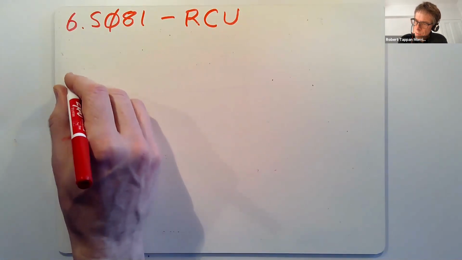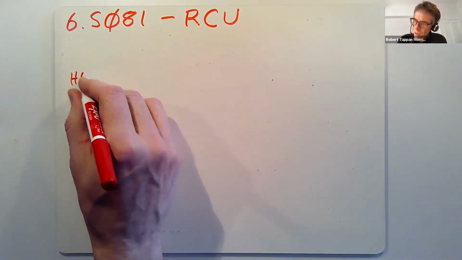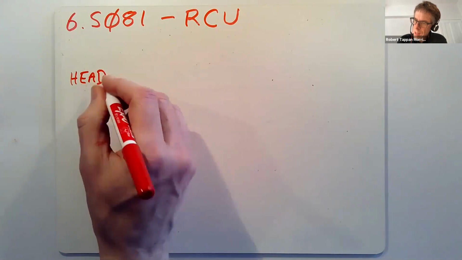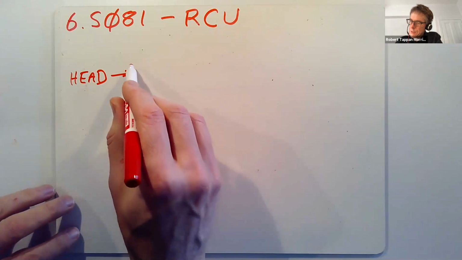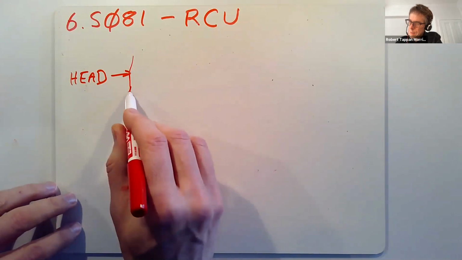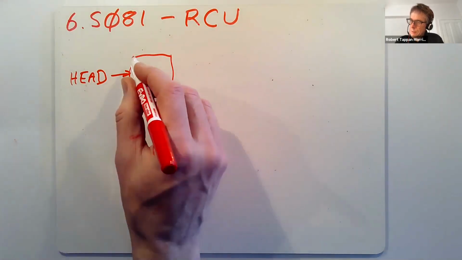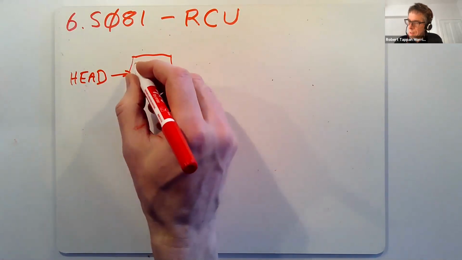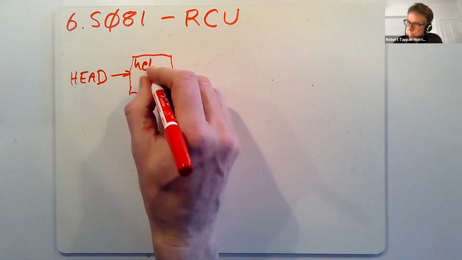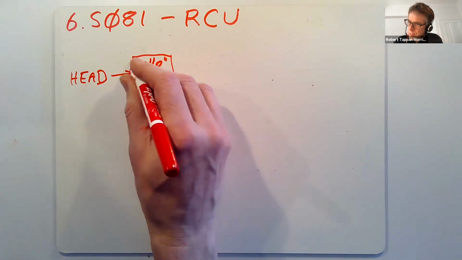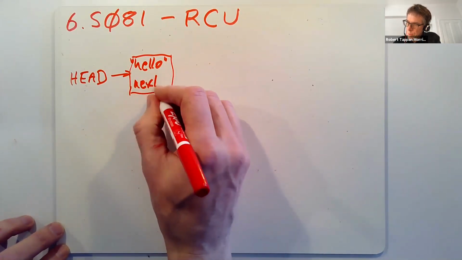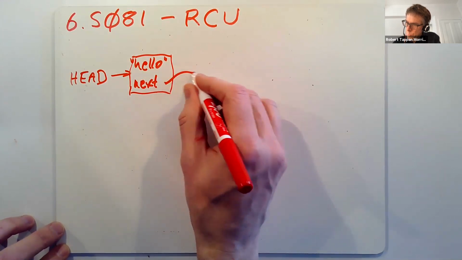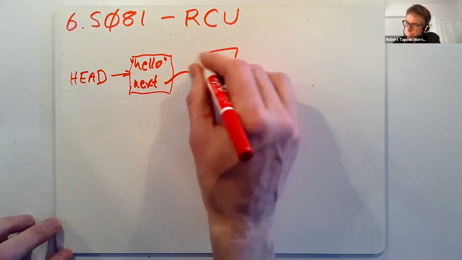There's maybe a global variable that's a head pointer, and there's a bunch of list elements. Each list element has some data in it, and we'll just say it's a string, like hello, is the data in this element. And each element also has a next pointer that points to the next list element.